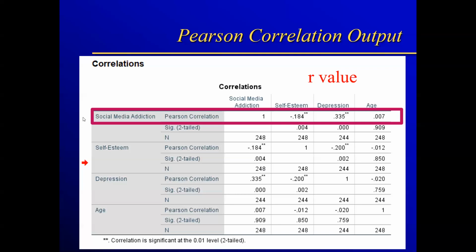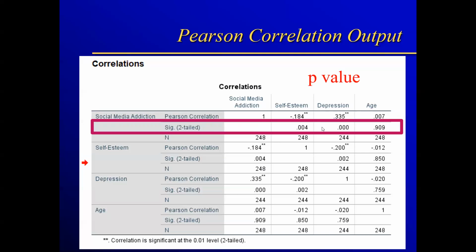The R value for social media addiction and depression, 0.335. The R value between social media addiction and age, 0.007. So that first line that says Pearson correlation is the R value, and that's what it should be on your output as well. But like I said, it may be slightly different if you have a newer version of SPSS. It may say R value there.